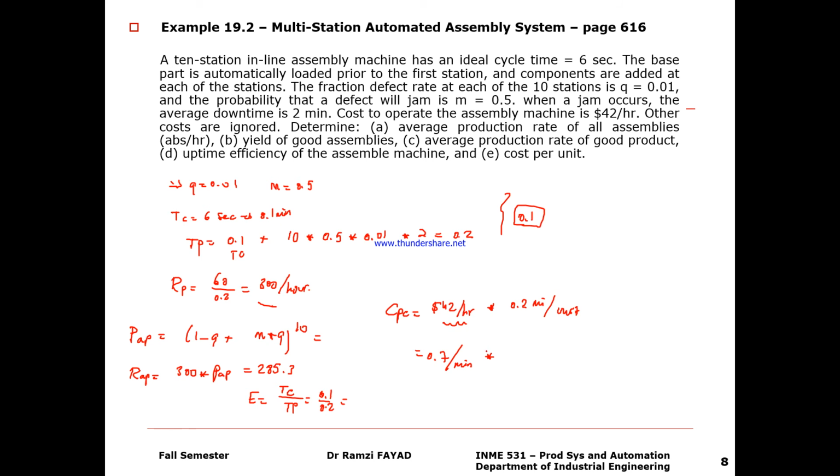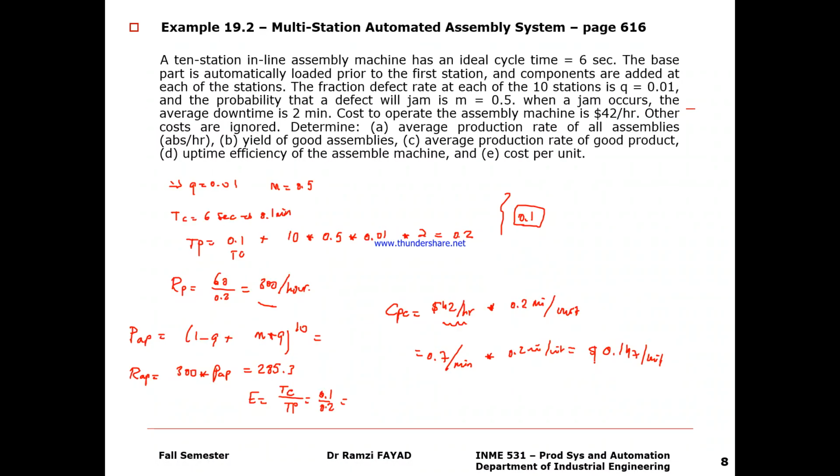As the system is running, regardless of jamming, we have to consider how much it costs to run the system. So 0.7 times 0.2 minutes per unit gives 0.147 dollars per unit.